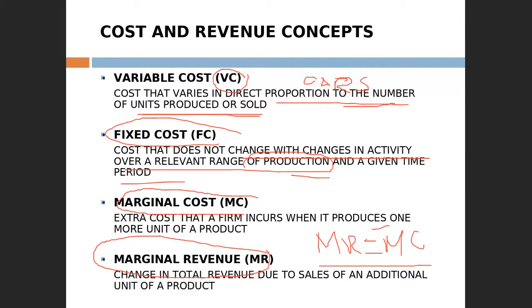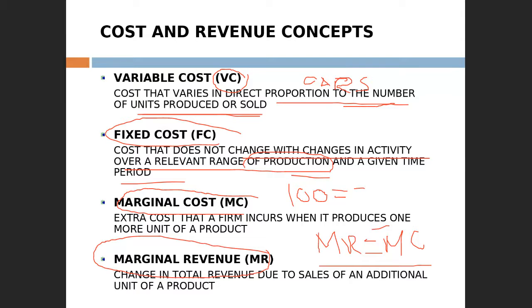But when I produce the 101st can, the total cost goes up from $200 to $201. So what is my marginal cost? The cost of producing this can at the margin, the last can. $1.